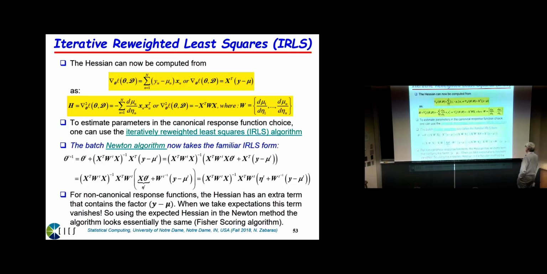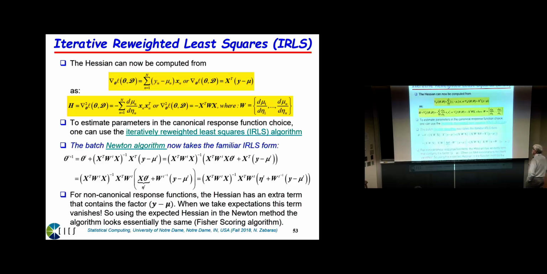It looks like a least squares problem, but it is weighted, because the matrix W is updated at each iteration.